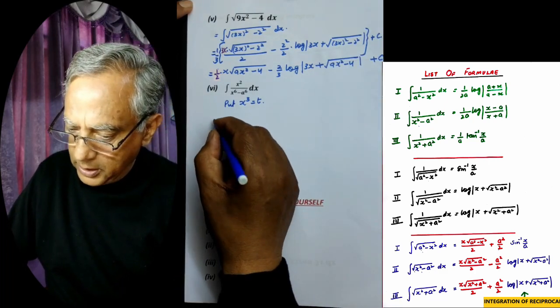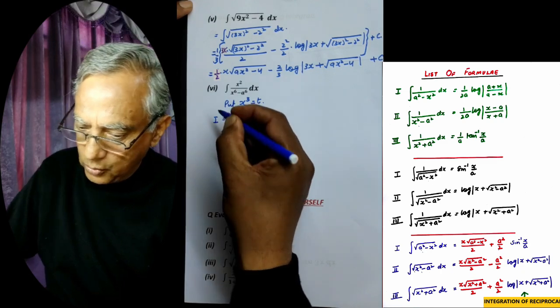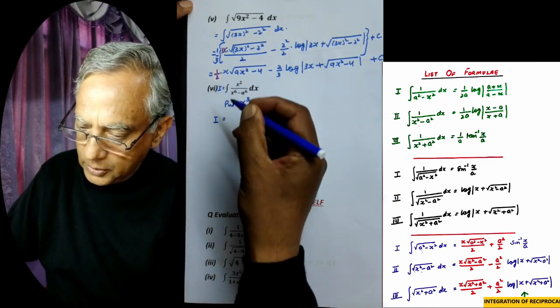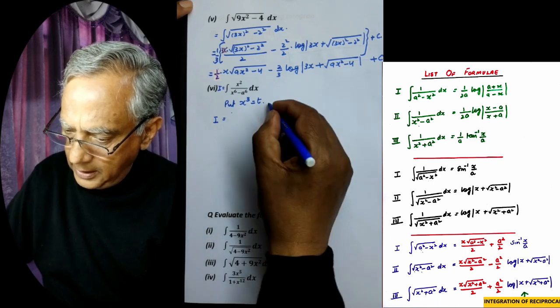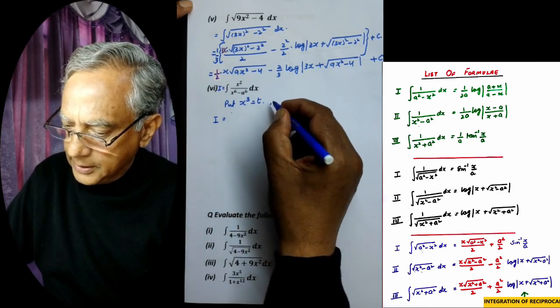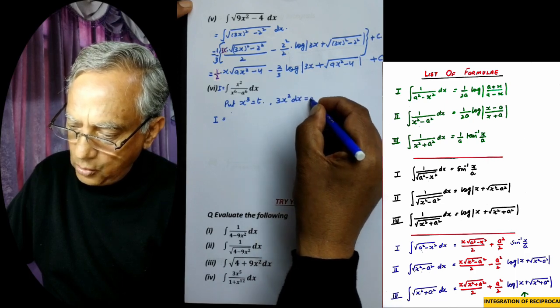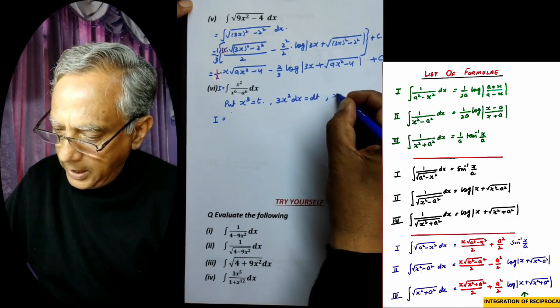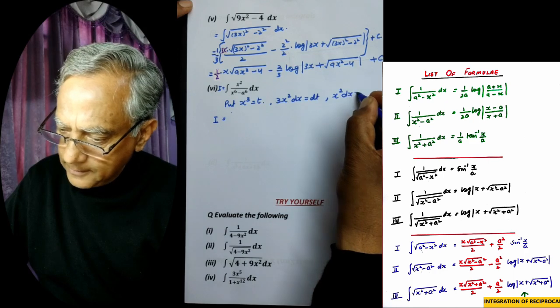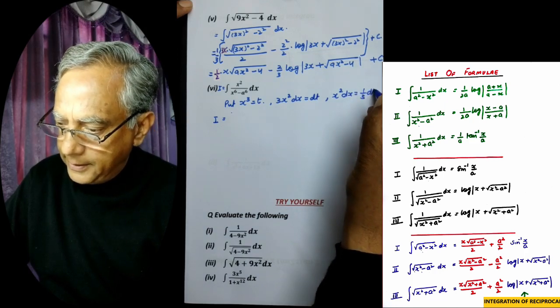So let us say this is I. So I will be equal to integral, first we differentiate this. So 3x square dx is equal to dt, and therefore x square dx is 1 by 3 dt.